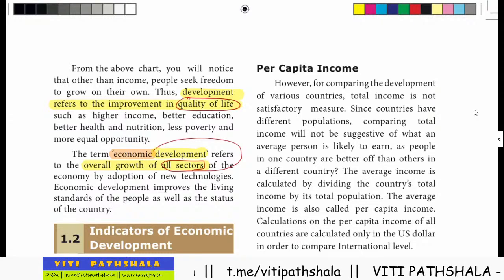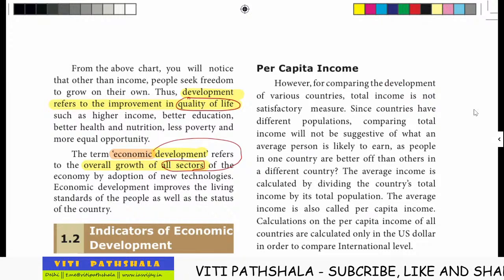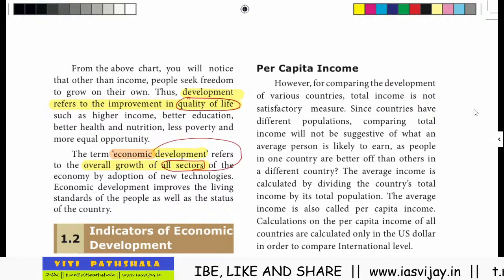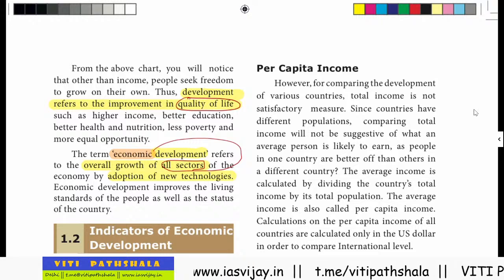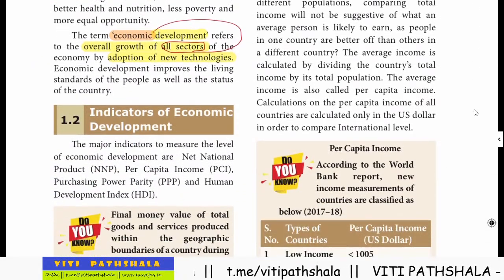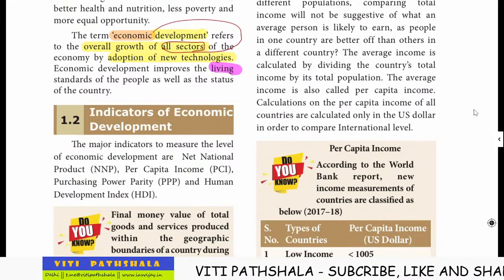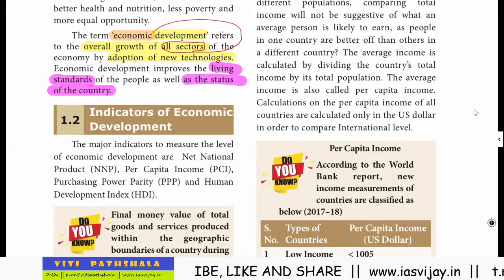What are the sectors? Primary, secondary, tertiary, and quaternary. If all these sectors develop, the economy is developing. Now economy by adoption of new technology. Economic development improves the living standard of the people as well as the status of the country.